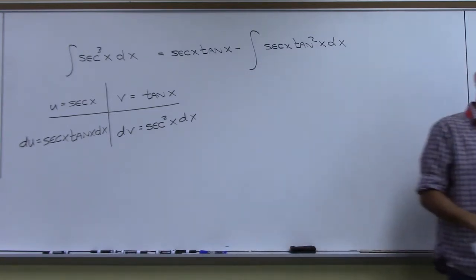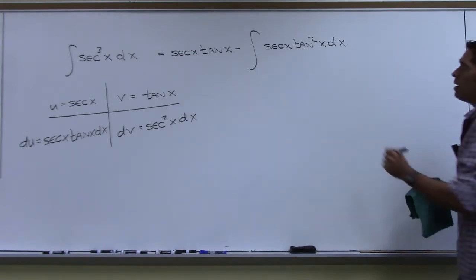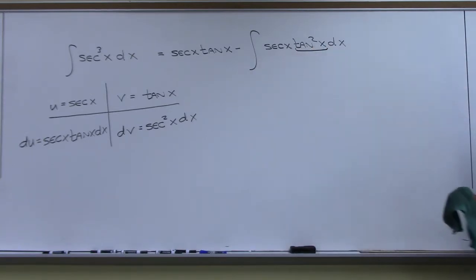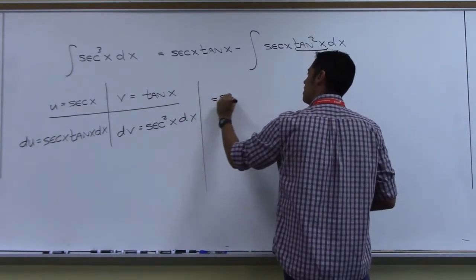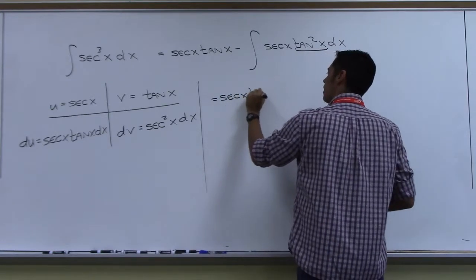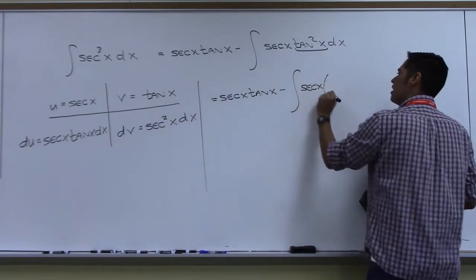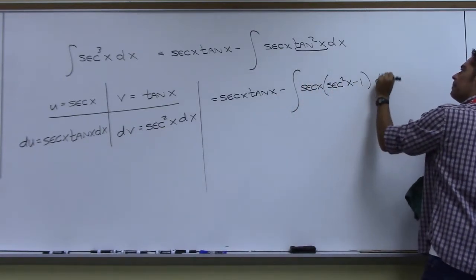So it looks like we got ourselves into a bind here, doesn't it? What I'd like to do, though, is use the Pythagorean identity. What is tangent squared x? Secant squared x minus 1, right? So just follow me here. This is going to be equal to secant x tangent x, minus the integral of secant x times, and then you said this was secant squared x minus 1? Is that right?